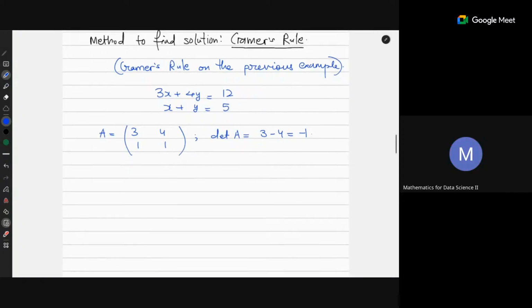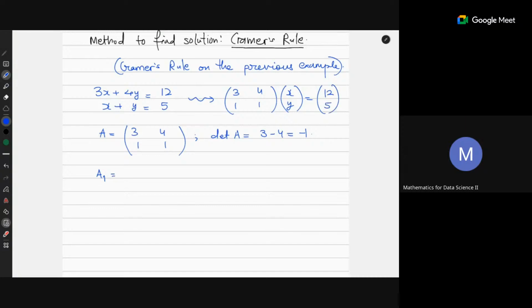Now in Cramer's rule, we first replace the first column with the entries on the right hand side, that means 12 and 5. As I said, you can also think of this linear equation in terms of the coefficient matrix like this.